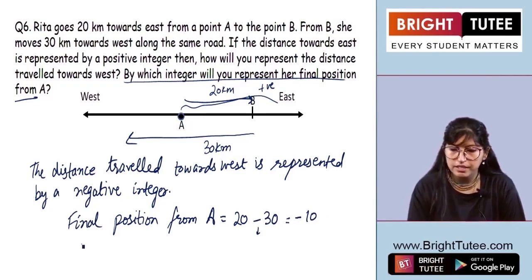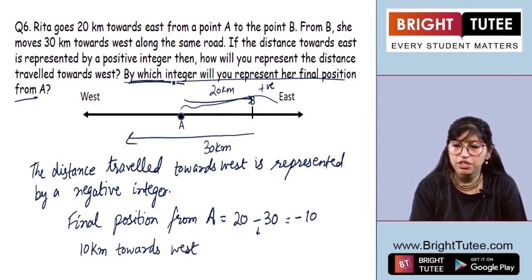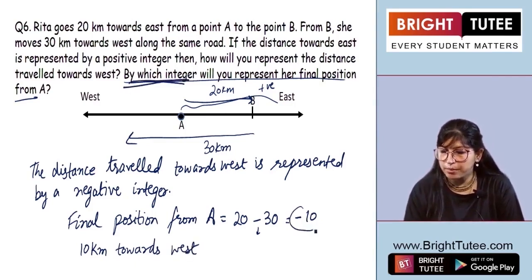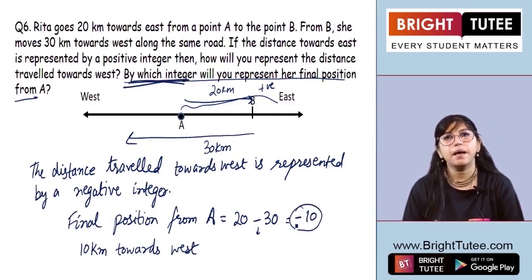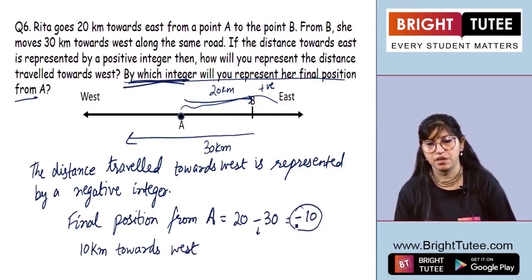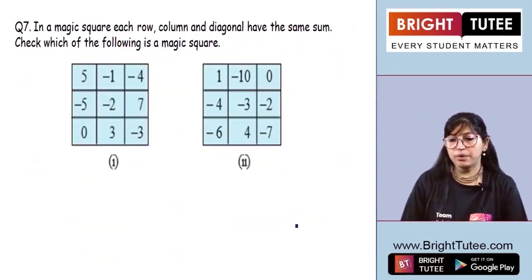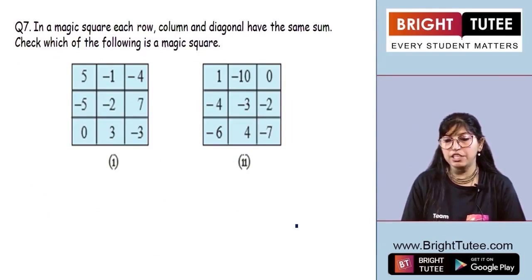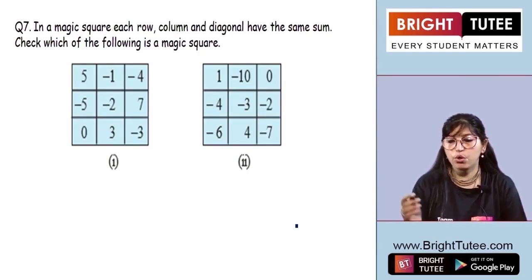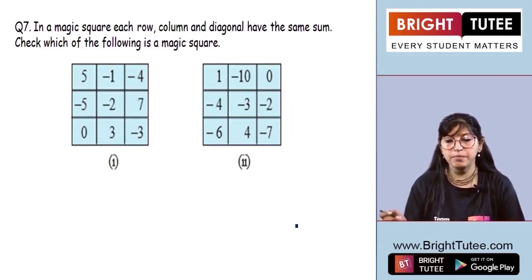That means we can say 10 kilometers towards west, because we are talking about the negative thing, towards west. Since they asked by which integer will you represent, we'll represent it by minus 10. Let's move on to another question now. Question 7. Now question 7 says that in a magic square, each row, column and diagonal have the same sum.